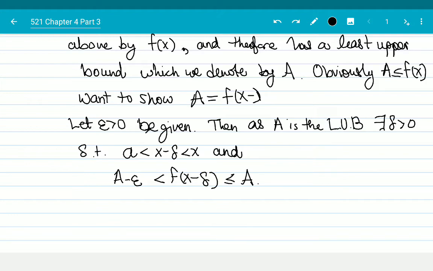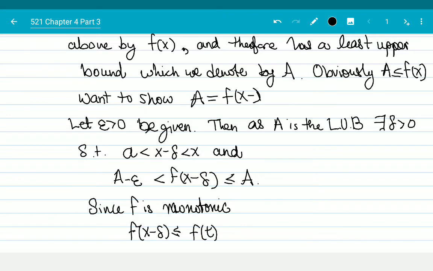Since f is monotonic, f of x minus delta is smaller than or equal to f of t, smaller than or equal to a, for every t in x minus delta, t smaller than x.